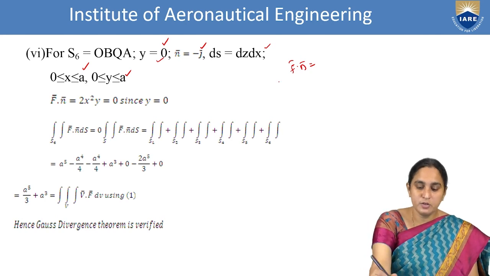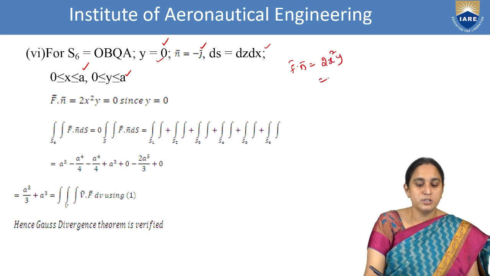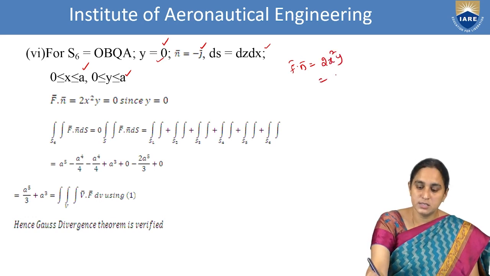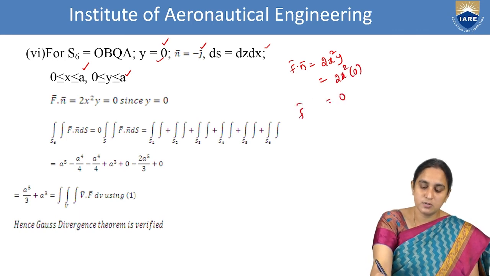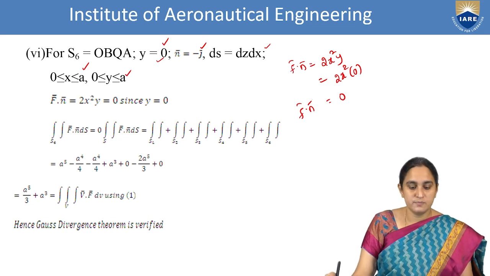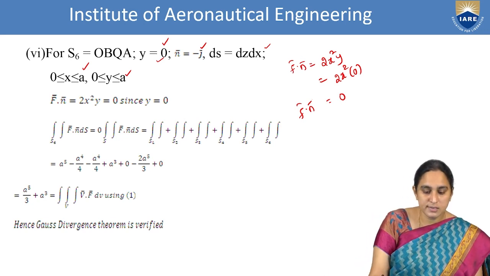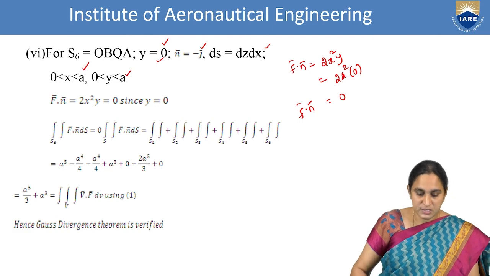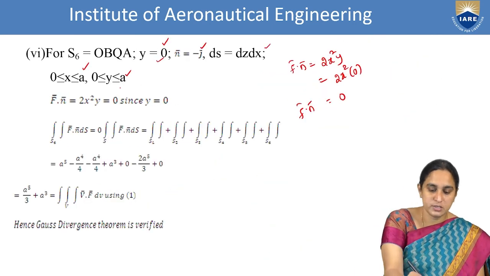And already we know that on the fifth face f bar dot n bar is 2x square y. And what about the y point here? 0. Therefore, 2x square of 0 is equal to what? 0. Therefore, f bar dot n bar is equal to what? 0. Okay. Therefore, let us take this as the seventh equation.